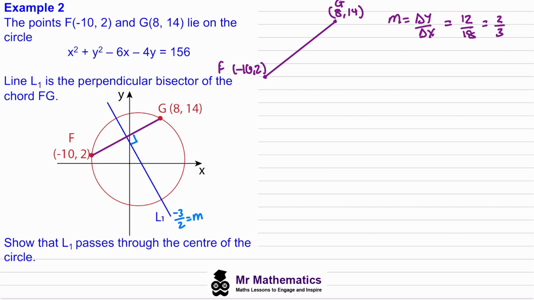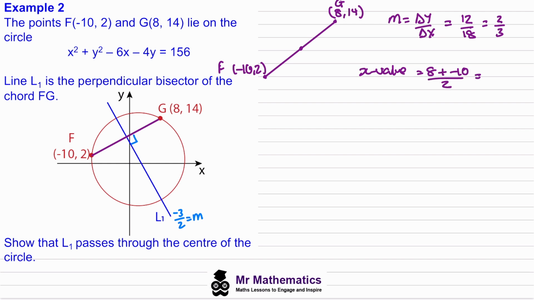And now we need to work out the midpoint of this line, because this is the point where L1 passes through. So the midpoint of this line will be the average x value and the average y value. The average x value will be the sum of the two x coordinates divided by 2.